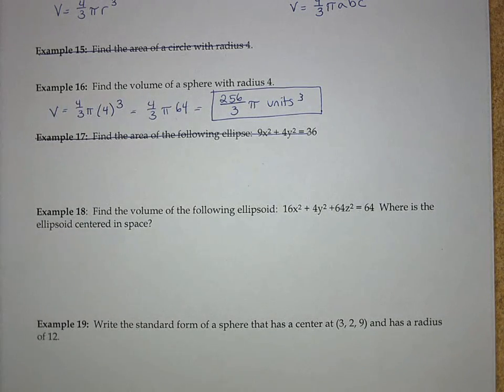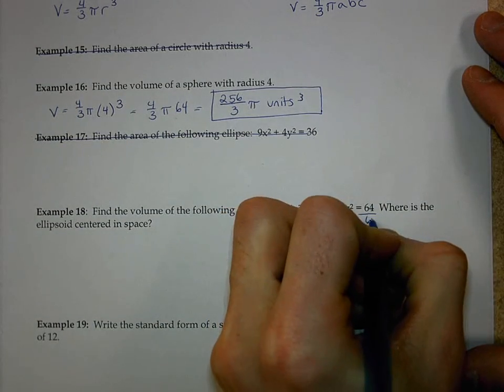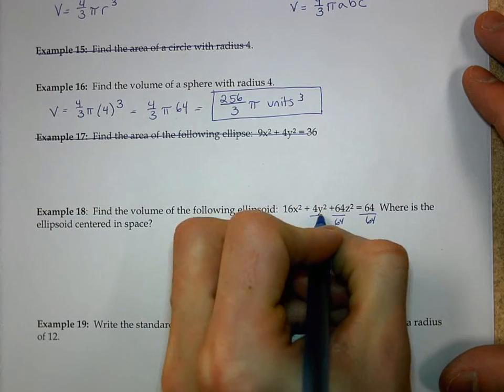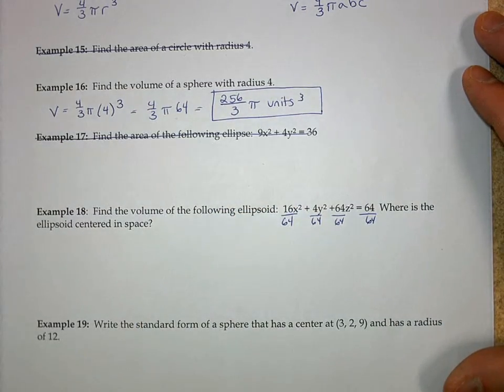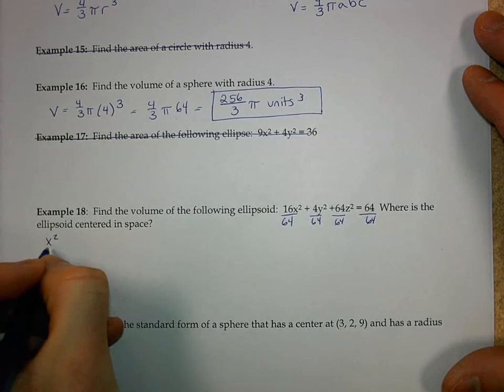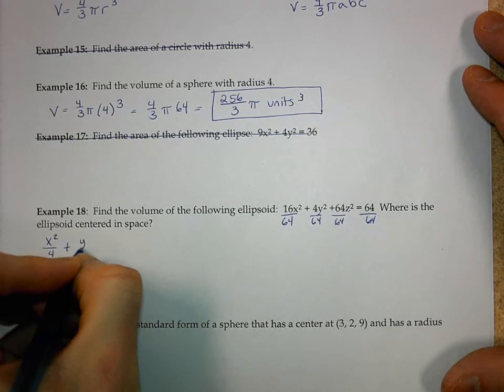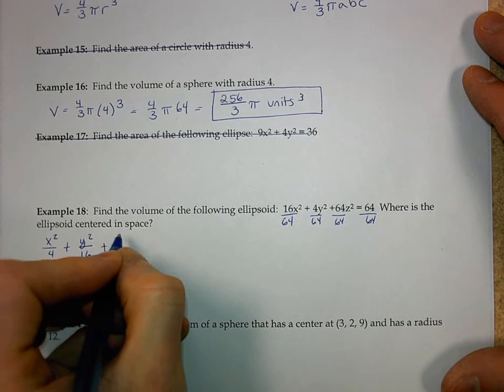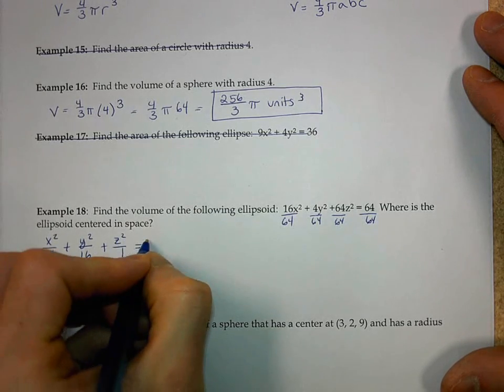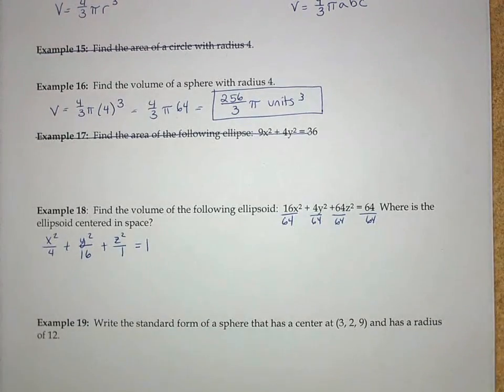And just like the ellipse, the standard form of an ellipsoid is when we're equal to 1. So we'll divide everything here by 64. That's going to give me x squared over 4 plus y squared over 16 plus z squared over 1 is equal to 1.